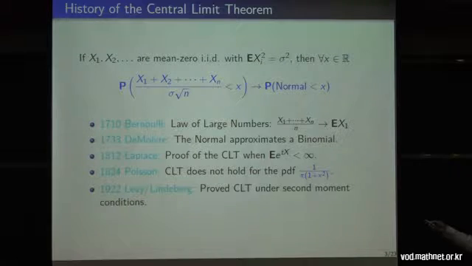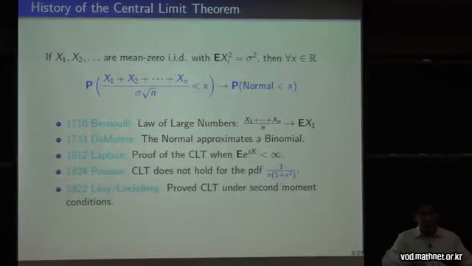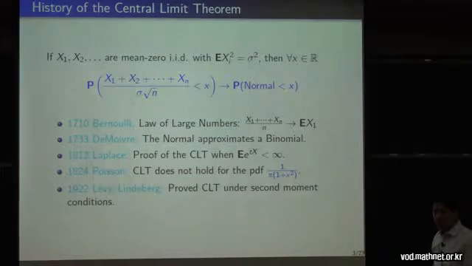Then if we choose any x, this probability converges, as n goes to infinity, to the probability of the normal 0,1 being less than x. So this is what's called the distribution function, or the CDF, of the normal. So these probabilities converge, and when all these types of probabilities converge to all these types of probabilities, we call this weak convergence of the distributions, or weak convergence of the random variables.